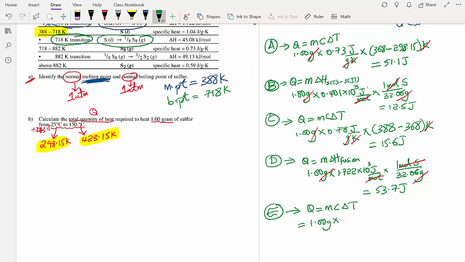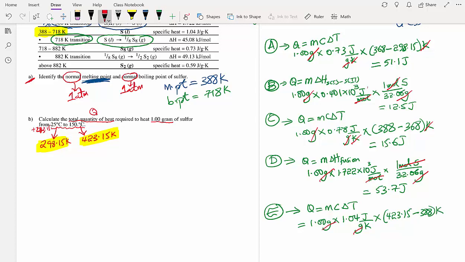The specific heat capacity of sulfur around that temperature change is 1.04 joules per gram per Kelvin, and the temperature change is 423.15 Kelvin minus 388 Kelvin.